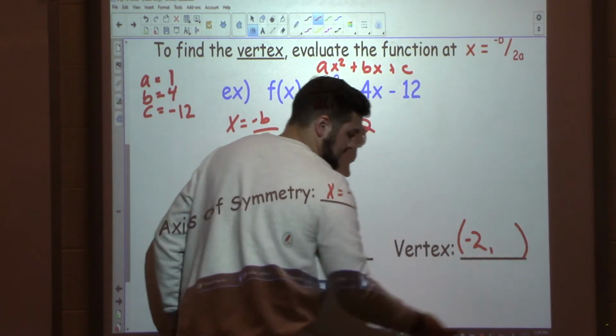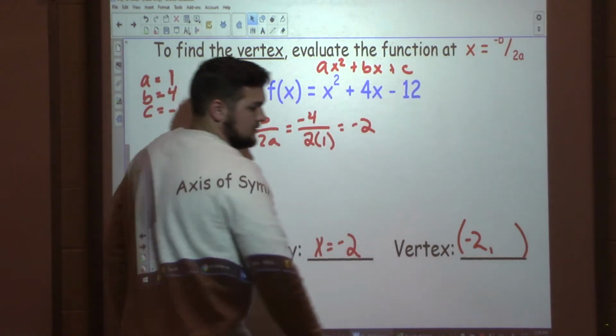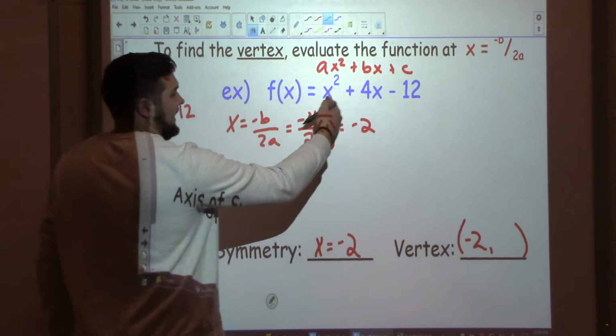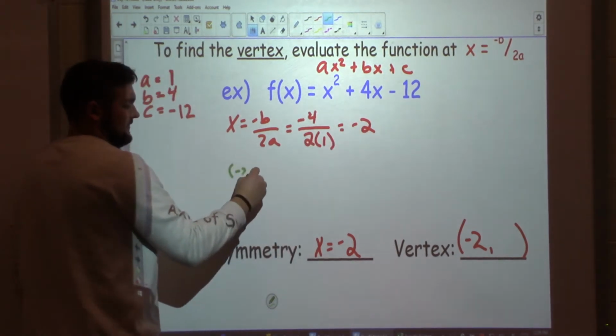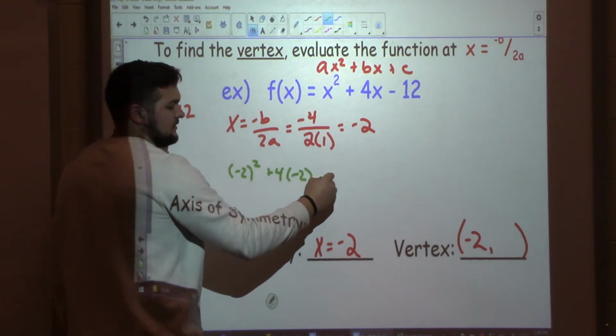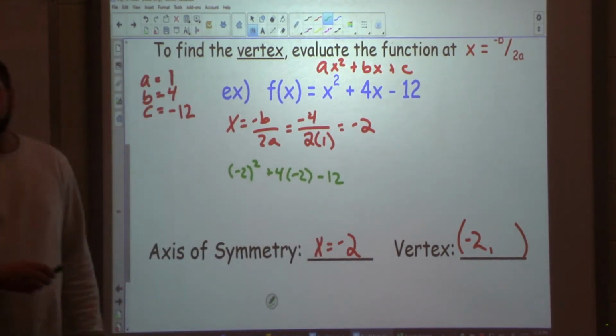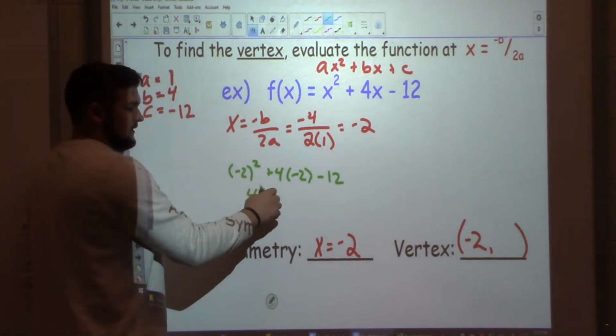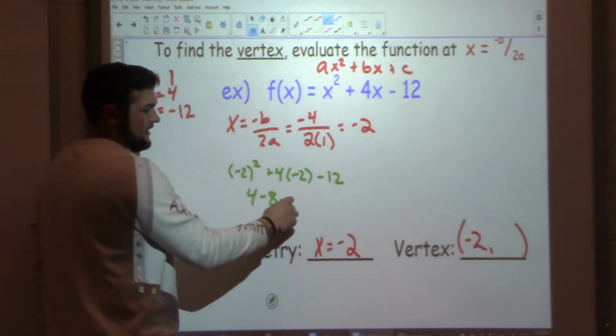Okay, then my vertex. The x value is going to be at -2. Well, how did we say we found our y value? Plug it back in. So, plug x into here. -2 squared plus 4 times -2 minus 12. Well, -2 squared is 4. 4 times -2 is -8.